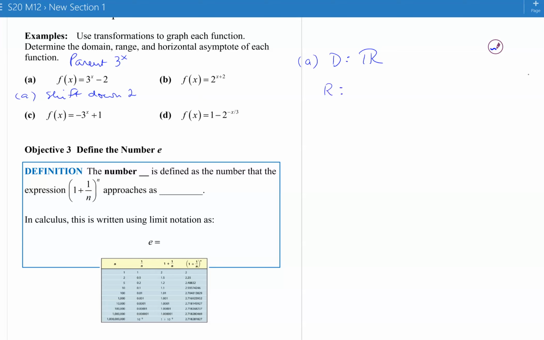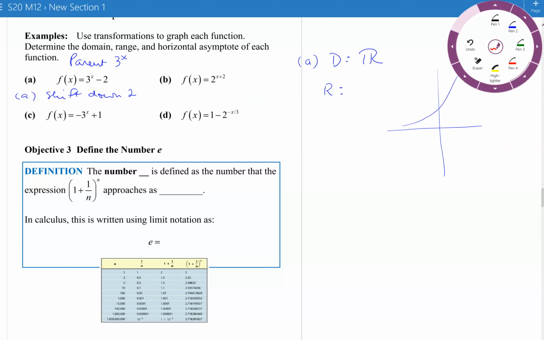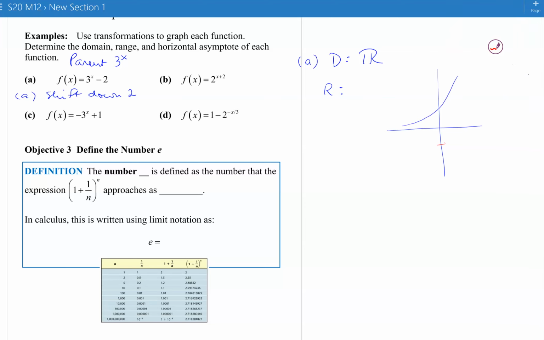Then the range, though, shifting the graph down 2 changes the horizontal asymptote. So now the graph can get down to -2 in the y direction and then still goes up to infinity, and that makes the horizontal asymptote also shift down to y equals -2.